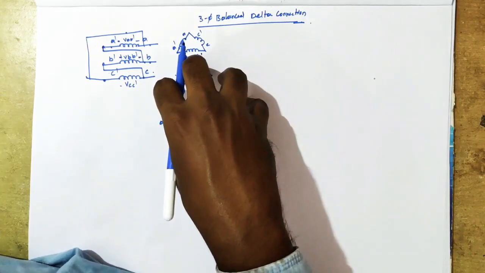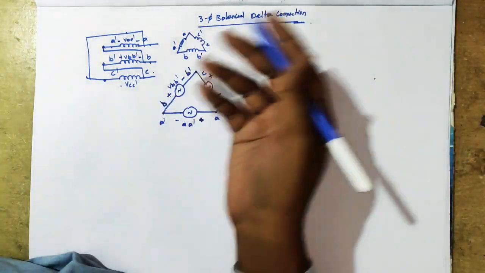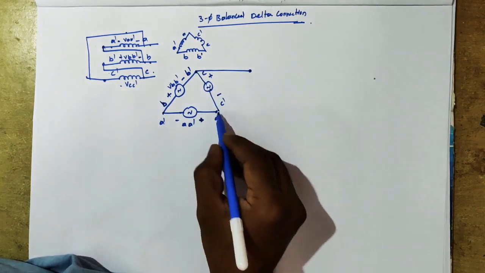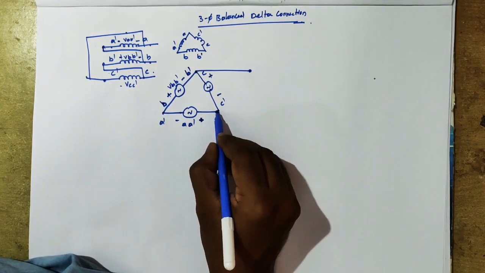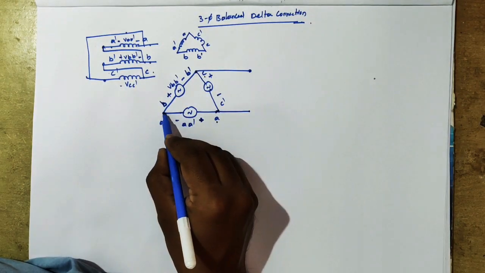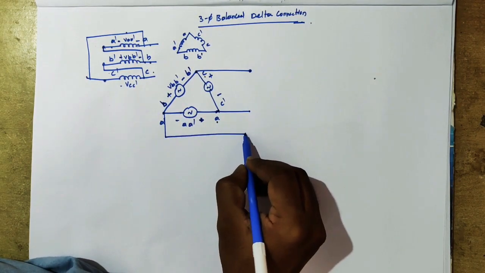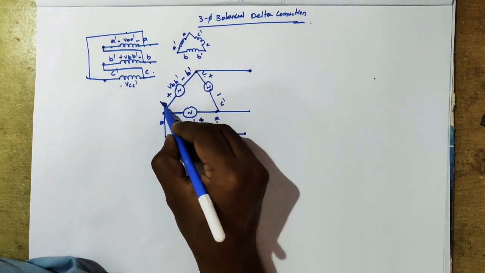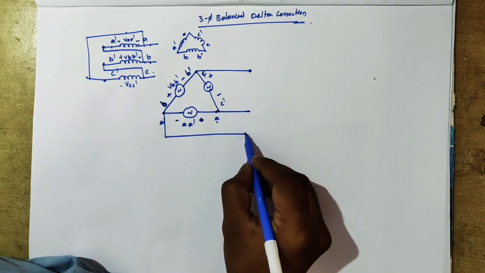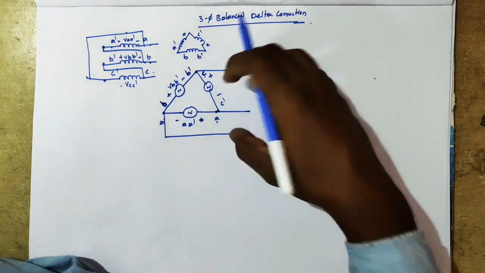Where will we take the external output terminals? This is the C terminal, this is the A terminal, and this is the B terminal. So the main outputs are A, B, C. These are the output terminals of the generator.